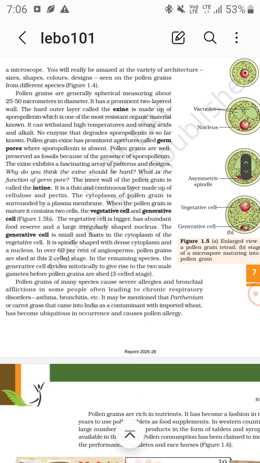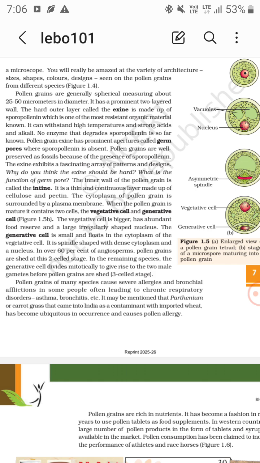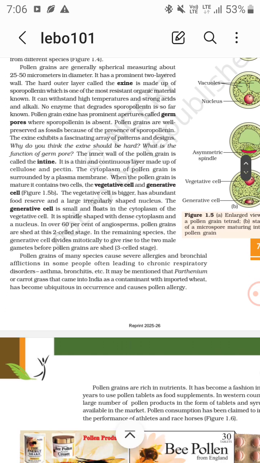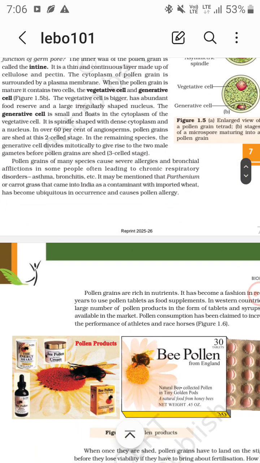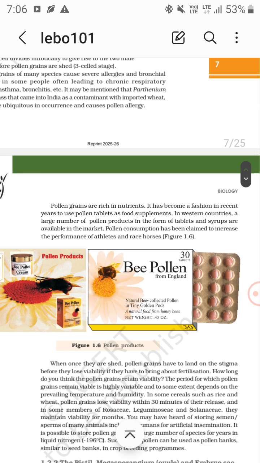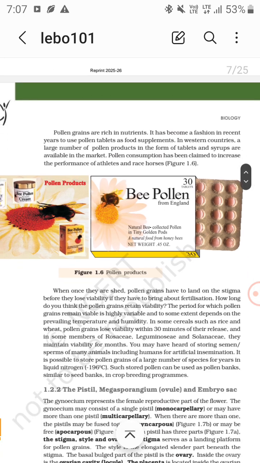Pollen grains cause severe allergies and bronchial afflictions, leading to chronic respiratory disorders such as asthma and bronchitis. Parthenium, or carrot grass, came into India contaminated with imported wheat and has become a problem. It causes pollen allergy. Pollen is also rich in nutrients, so it is used as tablets and syrups, by athletes to increase performance and for race horses.